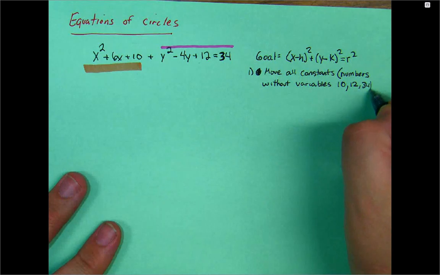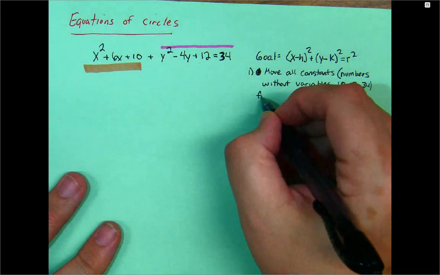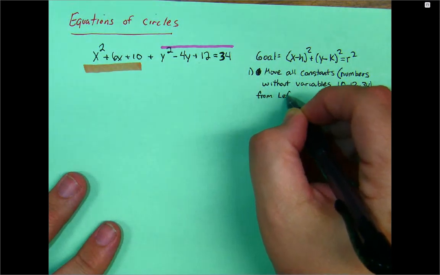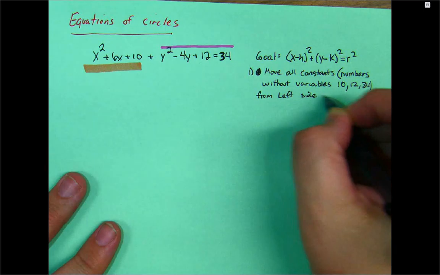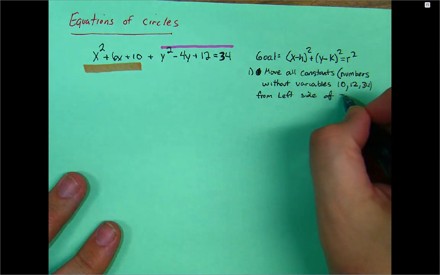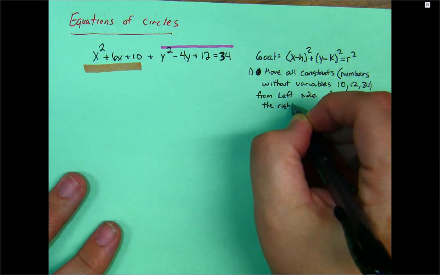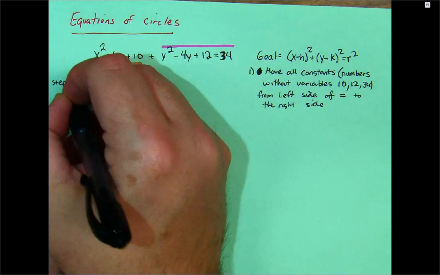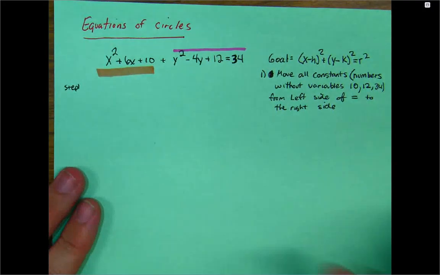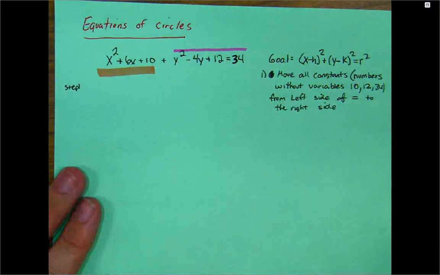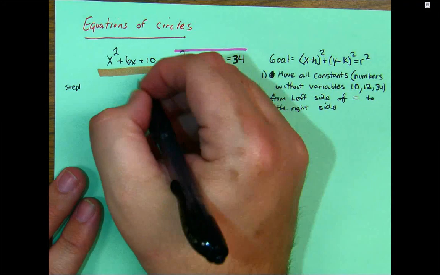Move all the constants from the left side of the equal sign to the right side. So I'll put step 1 right here. Now, how do I get rid of 10? It's a plus 10, so we're going to subtract 10 from here.